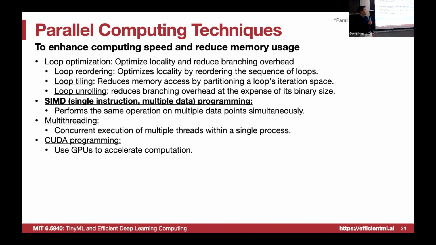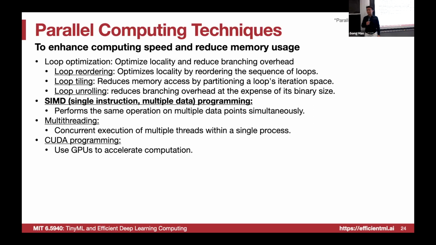All right, after that, let's conclude this loop optimization and shift gears to SIMD, another crucial implementation to accelerate parallel computing, using single instruction, multiple data. We want to perform the same operation on multiple data points simultaneously.